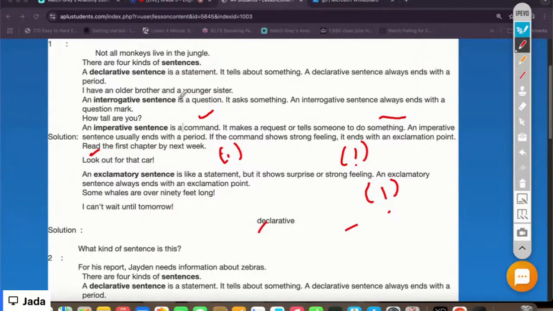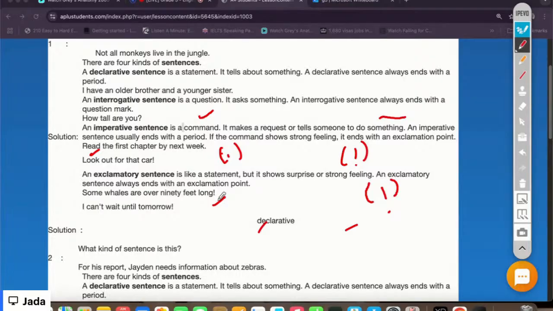So we have, some whales are over 90 feet long! When somebody tells you that some whales are over 90 feet long, you would be surprised. It's a statement, but it gives you that surprise, like, oh wow, I didn't know about this. So it ends with an exclamation point. That's an exclamatory sentence.